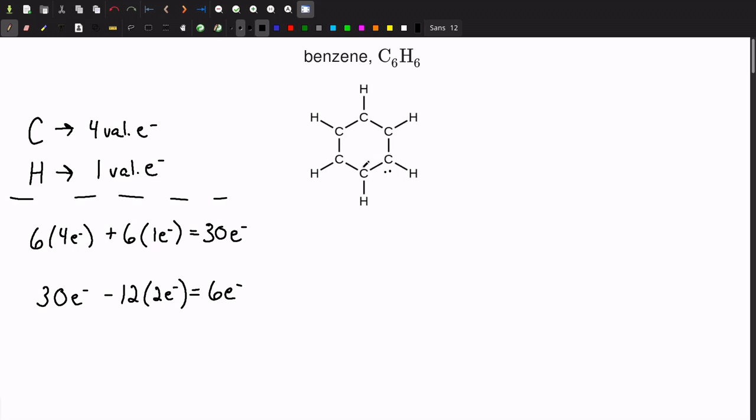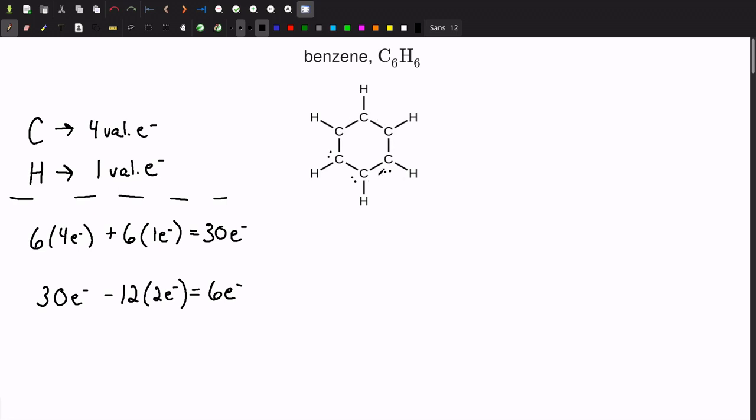The problem with that is by the time I try to put a lone pair on them, I only get halfway around before I run out of valence electrons, right? I had 6 dots to place. This carbon's happy now, this one's happy, this one's happy. They all have their full octet, but these 3 don't.